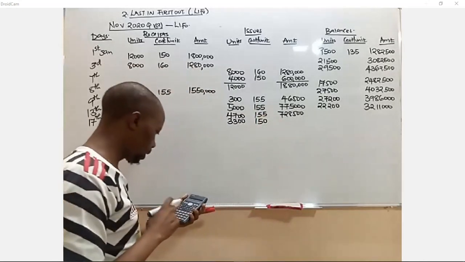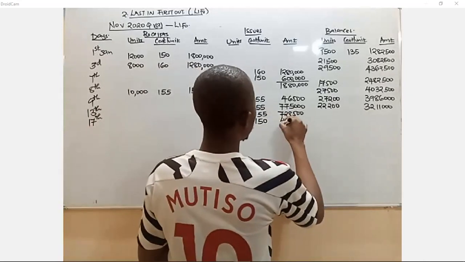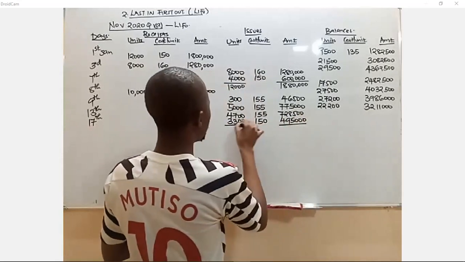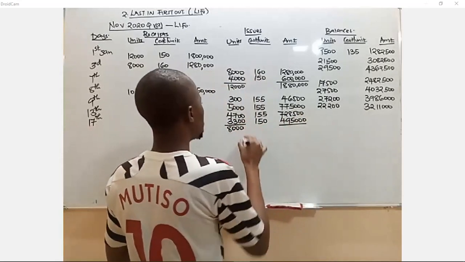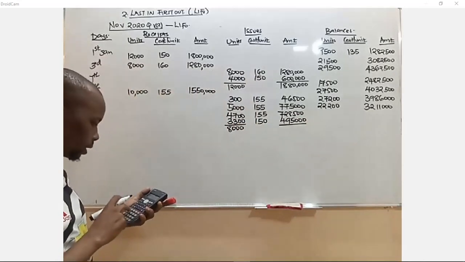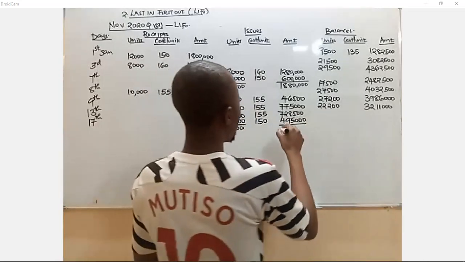So that 3,300 by 150, getting 495,000. 495,000. Here we are getting 8,000. Then we have 495,000 plus 728,500. Here we are getting 1,223,500.